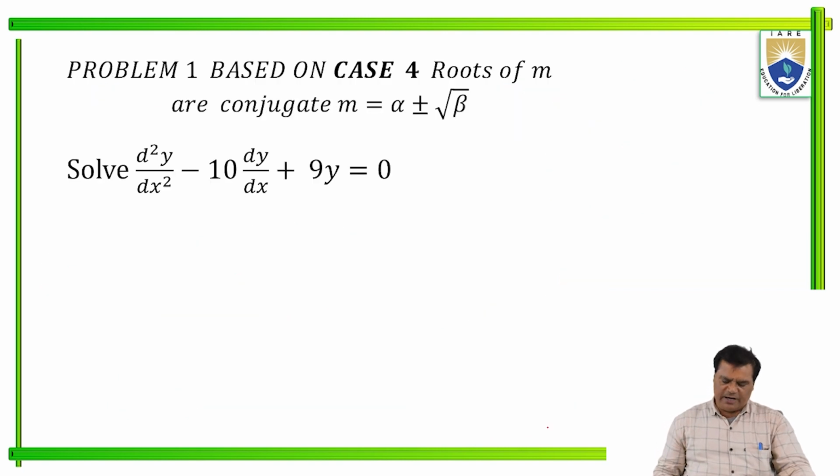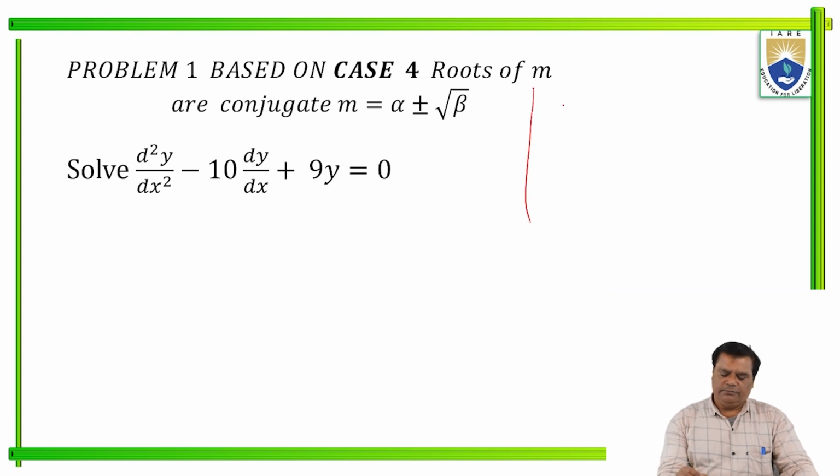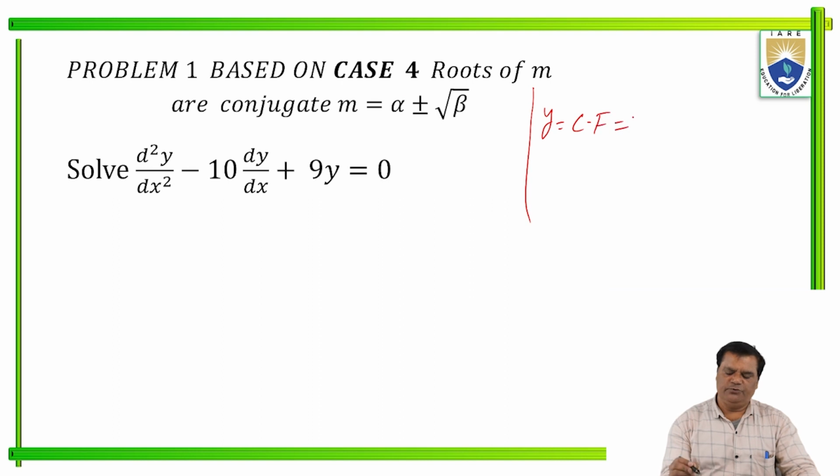So we apply the formula here. Y is equal to CF, which is equal to e to the power alpha x. What is alpha? 5 by 2. e to the power alpha x, 5 by 2x.